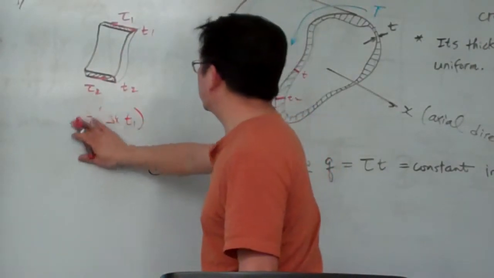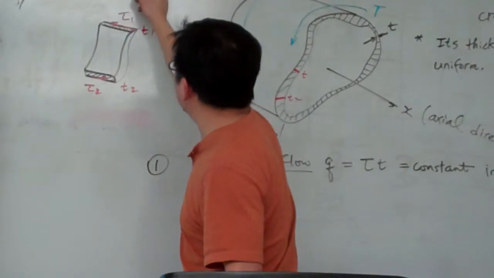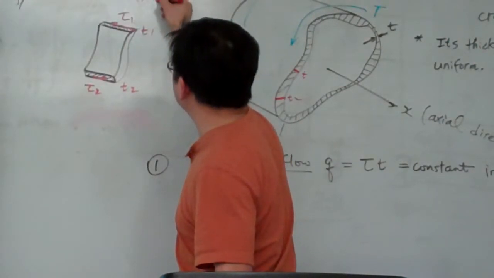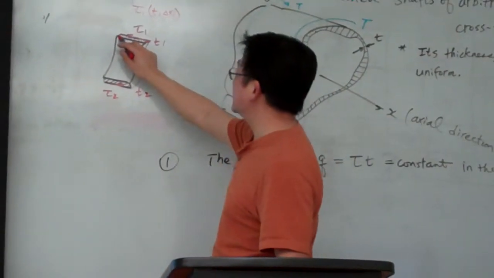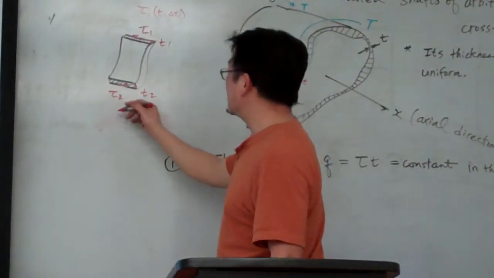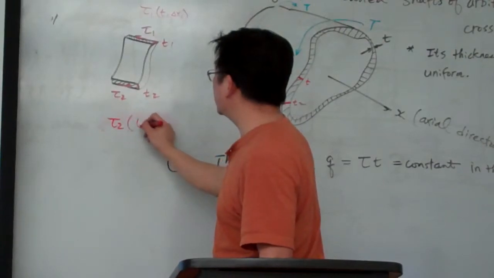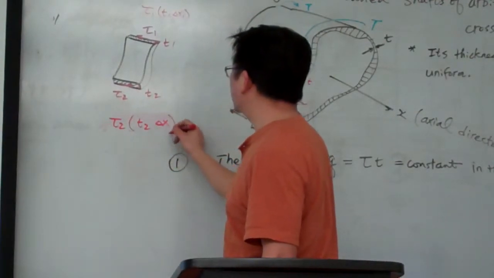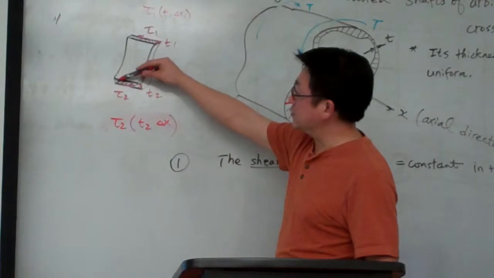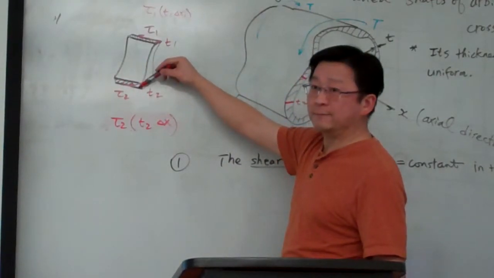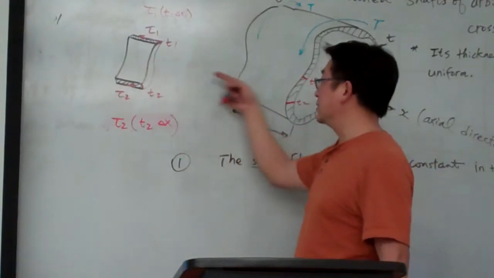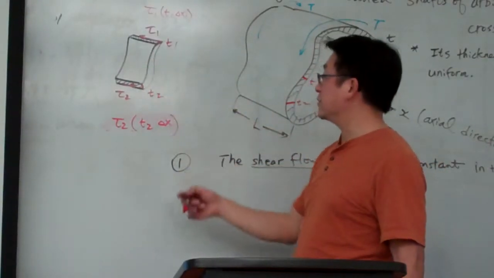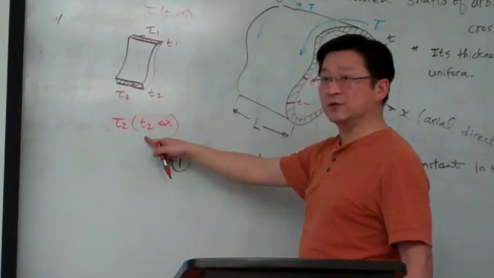The bottom, this is tau 1 times t1 delta x. So this is the total force exerted on the slice area. In a similar way, tau 2 times t2 delta x is the total force exerted onto the other slice area. Everything must be in equilibrium in this direction, so that means the two quantities must be equal.